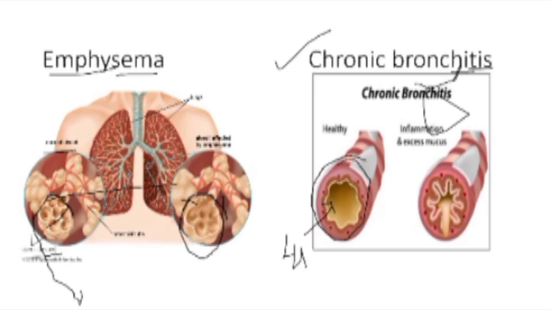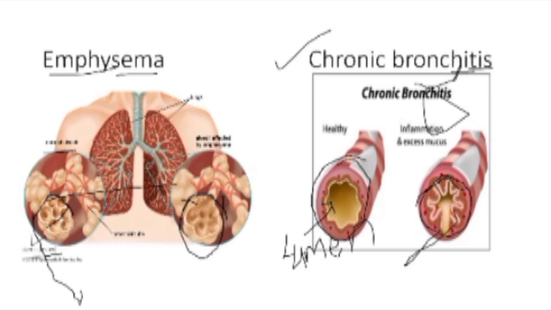When we compare this healthy lumen with the pathogenic condition of chronic bronchitis, you can see the inflammation. As itis indicates inflammation, there will be inflammation of the airways, because of infection or because of excess production of mucus.